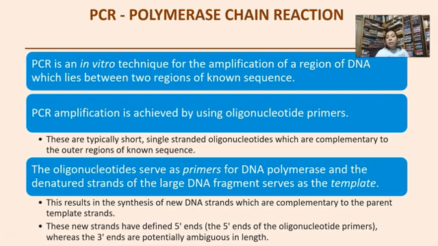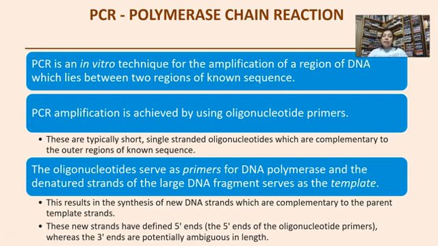So these primers are typically short nucleotide sequences. These are single-stranded, and they are complementary to the region that we are trying to get to, or the outer regions of those sequences, right? And they are usually anywhere from 16 to 24 nucleotides.